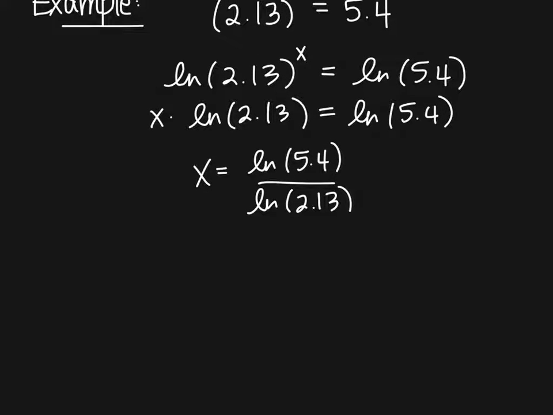Unless they say put it into a decimal. If they say round your answer to the nearest thousandth, then grab your calculator and do the rest. But notice I didn't use my calculator up until that point at all. The calculator really only gets used at the very end, if directed to.